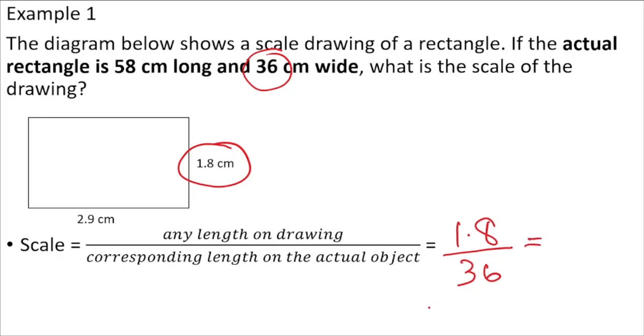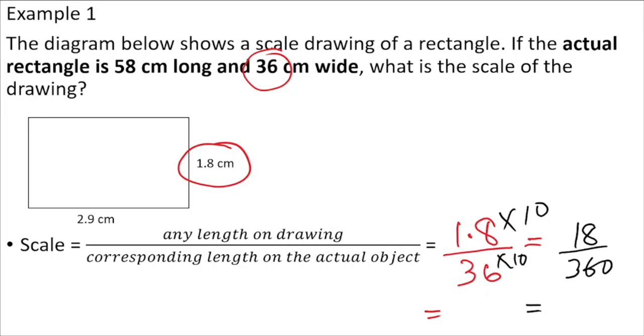From here, we can make this 1.8 a whole number by multiplying it by 10. When you multiply it by 10, it will give you 18. Because you have multiplied this one by 10, you must also multiply this one by 10. So this will be 18 over 360. I hope I met you.